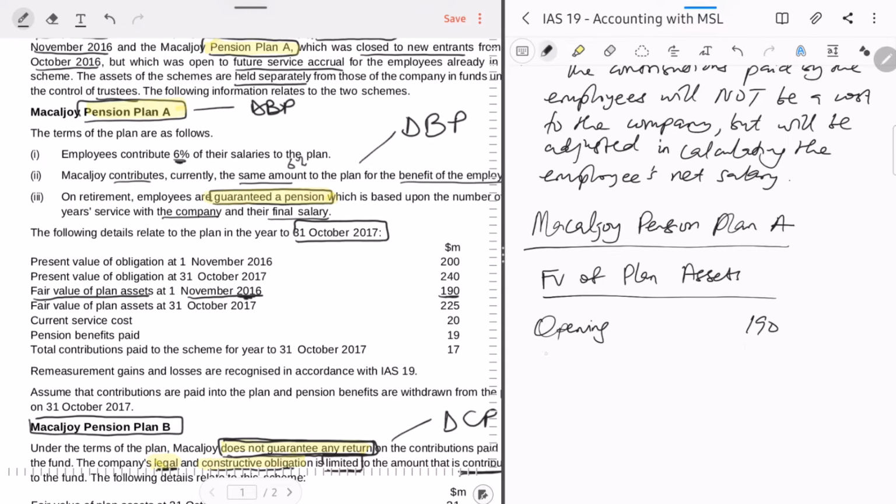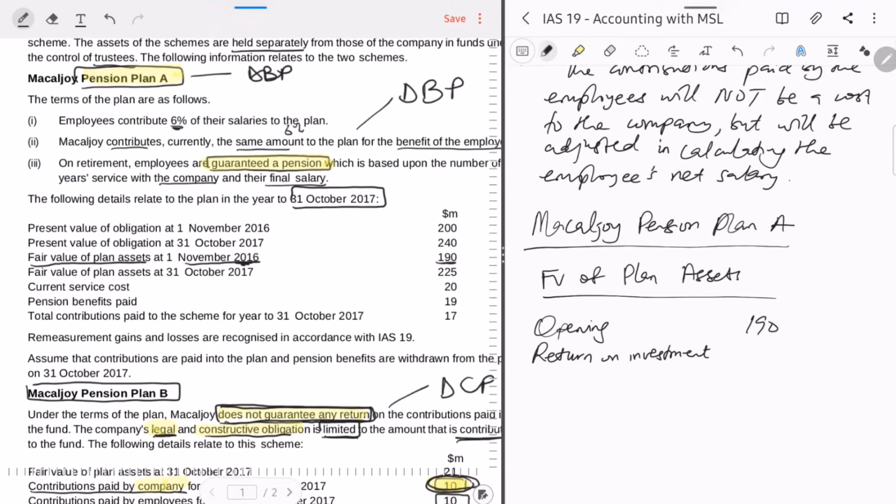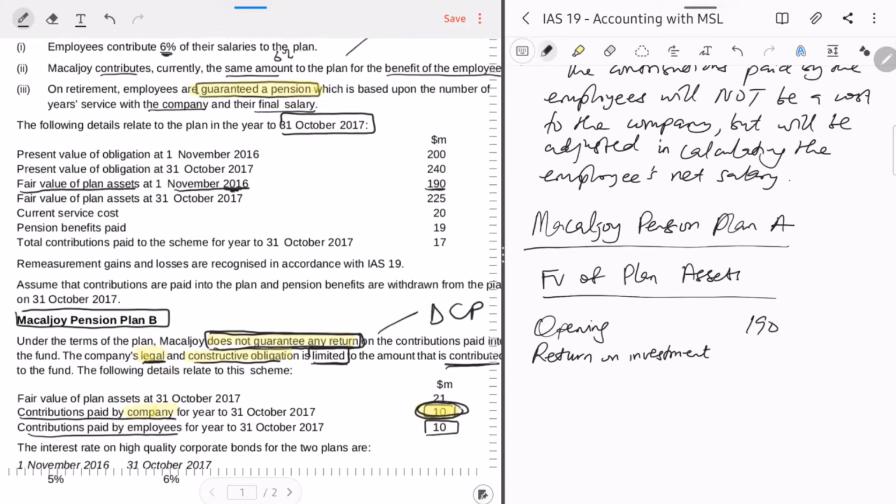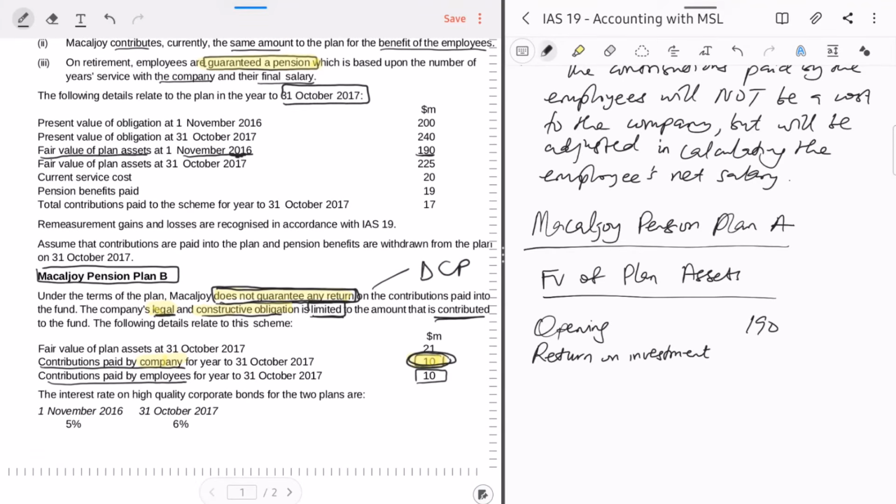Remember the second thing I said was what? Return on investment. So the question will give us an interest rate. And if you watch, good, it's at the bottom here. The interest rate on high quality corporate bonds at 1st November 2016 was 5%. 31st October 2017 is 6%.